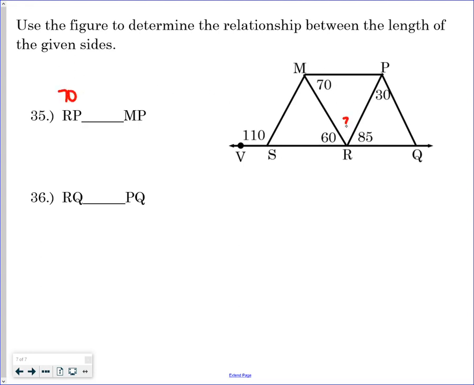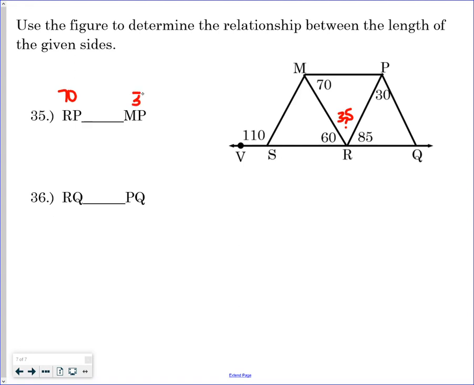MP is across from, I don't know, right? How could I figure that out? What do those three angles make? 180. A line, 180, right? So take 180 minus 85 minus 60, and we get 35. I'm good.